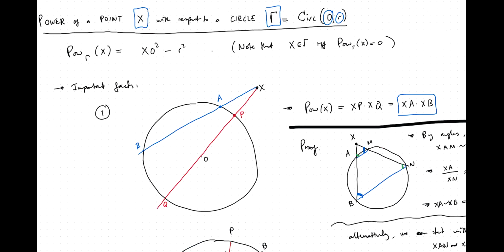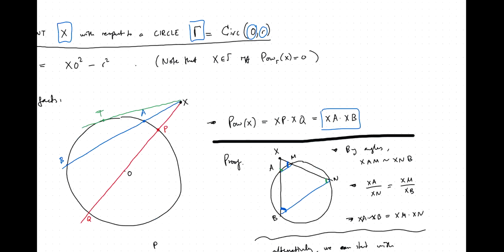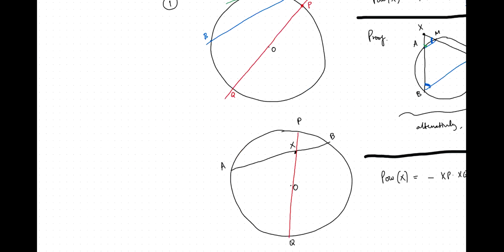You can draw the tangent line as well, by the way. When you draw the tangent line, do you see what happens? The points A and B become the same point. They are both T. So this becomes XT squared. This only happens when the point is outside. When the point is inside, of course, you cannot draw a tangent.